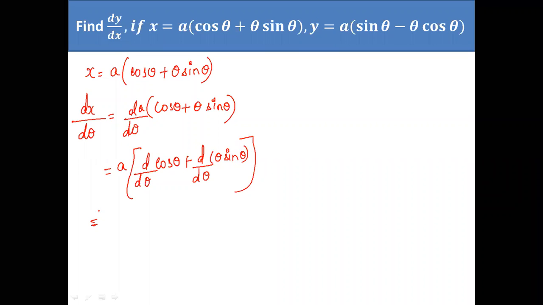When the questions are there, people leave. Okay, Vani, what is the derivative of cos theta? Just type the answer in the chat box.